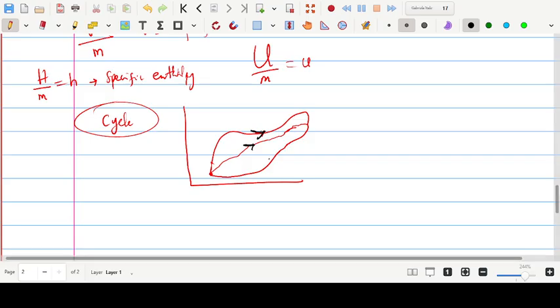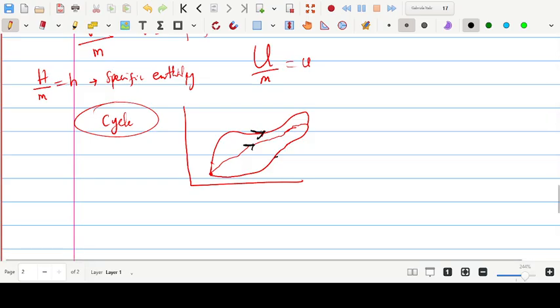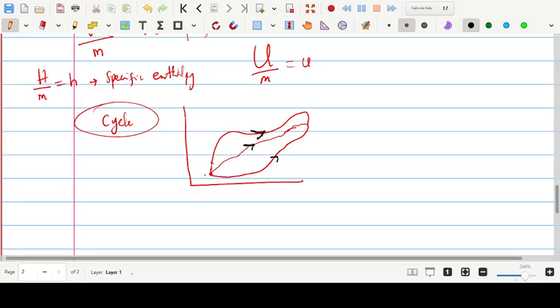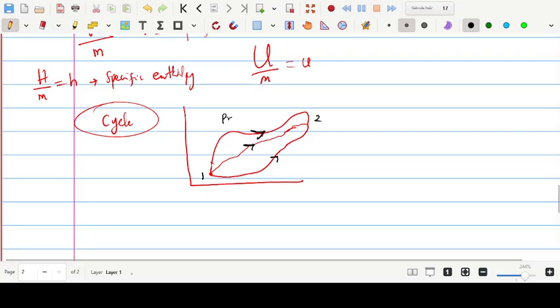This one goes like this. This one also goes like this. I already explained what a process is. This is point 1, this is point 2. When you are now moving, that's a process. In this case, you can move from here to here and get to point 2. You can also follow this route, and also this route. This is process 1, process 2, and this is the third process, process 3.